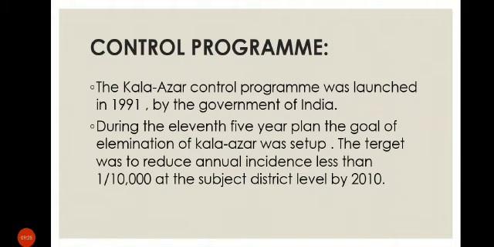The Kala Azar Control Program was launched in 1971 by the Government of India. During the 11th 5-year plan, the goal of elimination of Kala Azar was set. The target was to reduce annual incidence to less than 1 per 10,000 at the sub-district level by 2010.